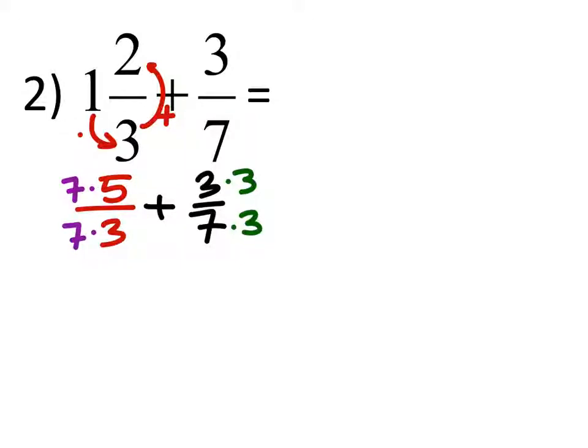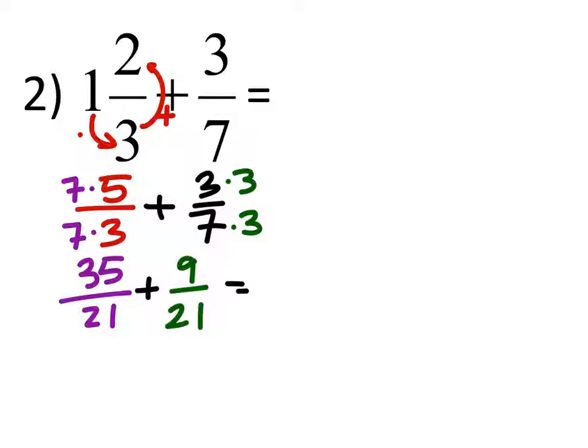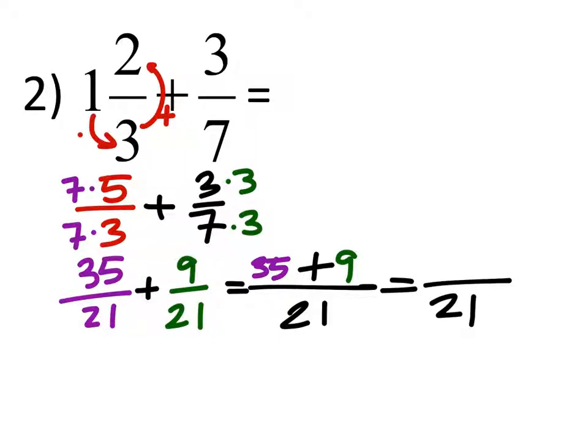So this gives us 35/21sts, and then I got 9/21sts. We're adding these, so I still have 21sts, and I got 35 plus 9. So in 21sts, 35 plus 9 is 44.